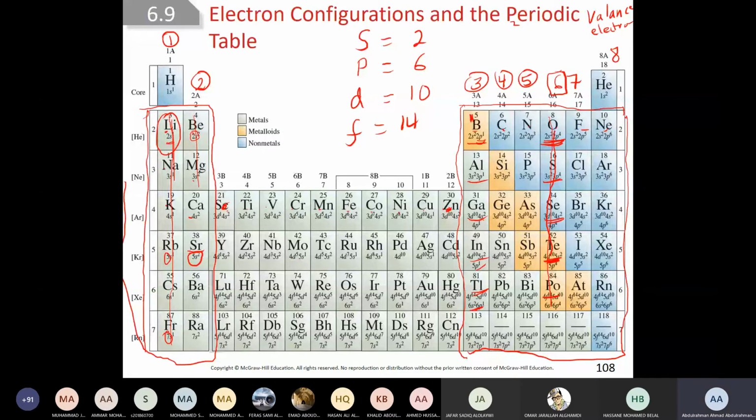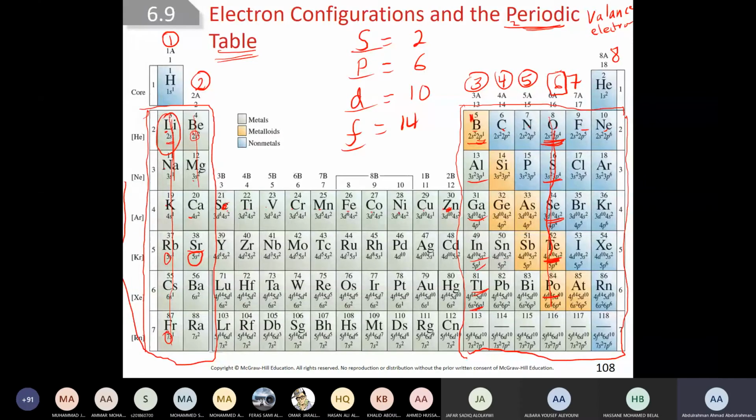Doctor, can you repeat the last point? The periodic table is based on the electronic structure, which is the s, p, d, and f. Clear? And looking at the periodic table, I can tell what the last orbital will be without doing the structure.